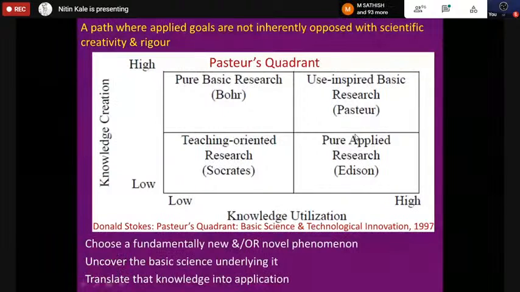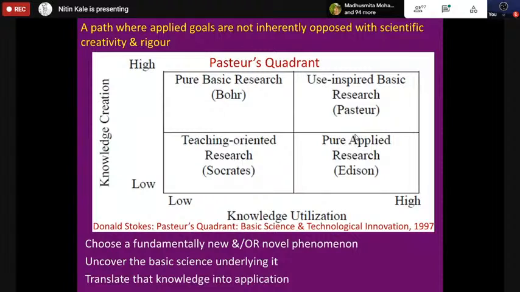The example is that Edison required something like 40,000 experiments to determine the material for the electric bulb. So utilization was there, but creation was not there, because that material could be found out in maybe half a dozen well-planned experiments. That is what his competitor Tesla used to say.